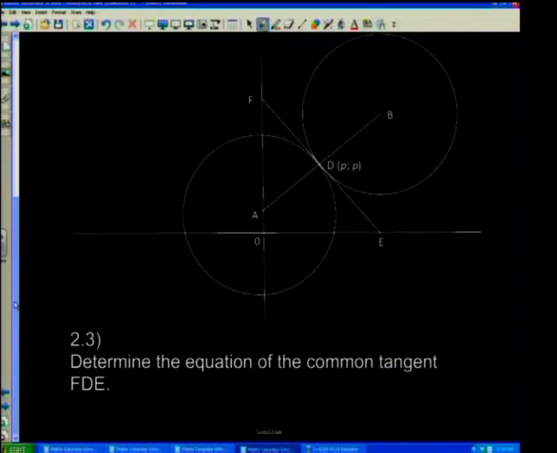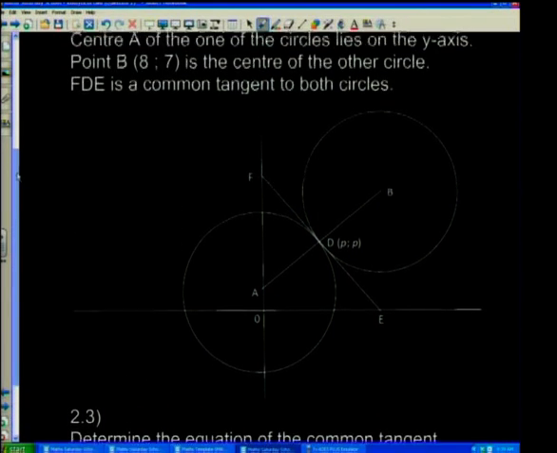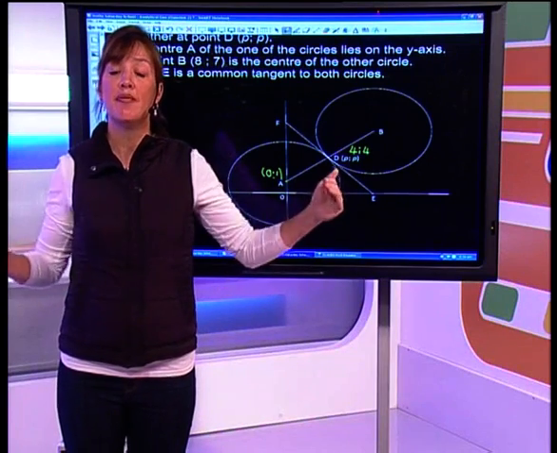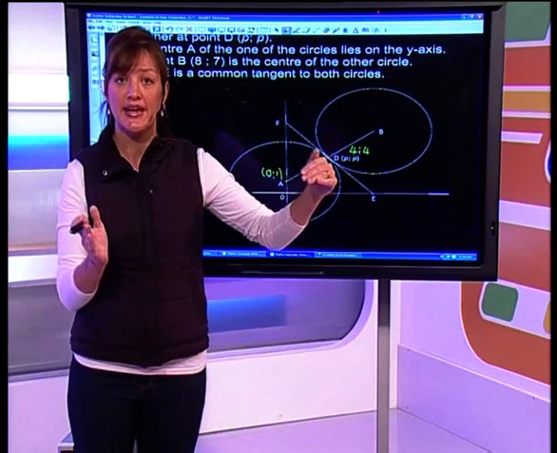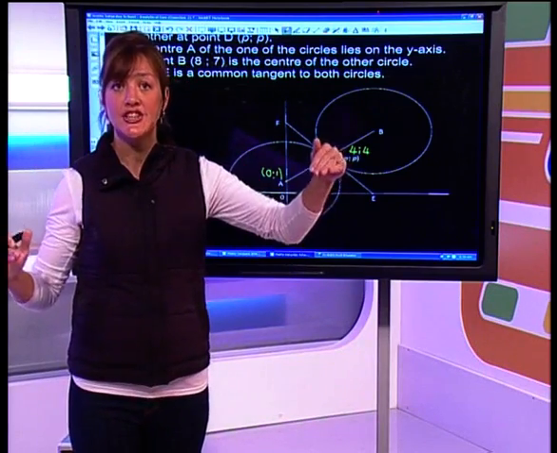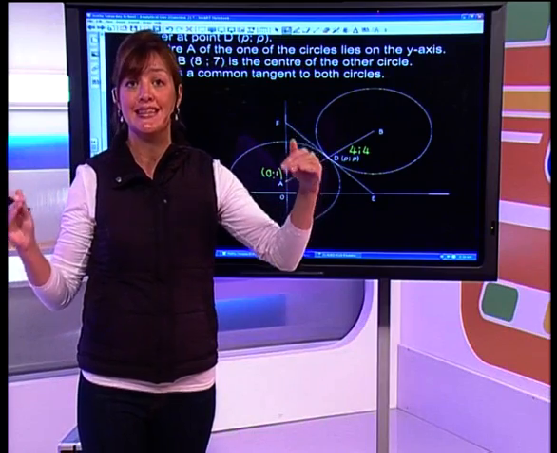Okay, what we've got is we're looking for the equation of the common tangent of FDE. Once again, let's just do ourselves the favor of filling in what we know. We've got 4 and 4. We've got 0 and 1. And right, this is a crucial thing to remember. If we are talking about a tangent to a circle, one key thing to remember is that your radius and your tangent are always going to be at a perpendicular angle.